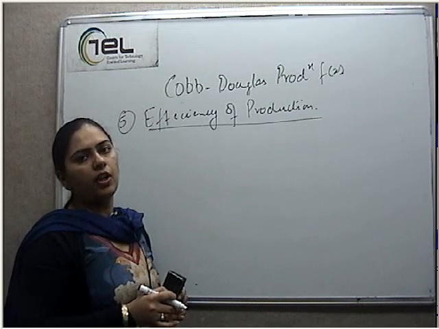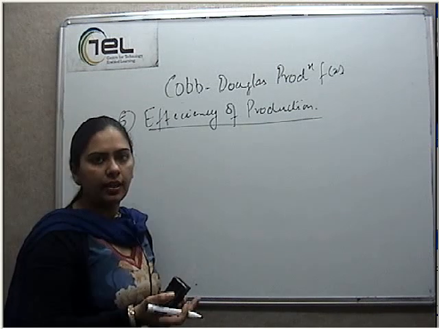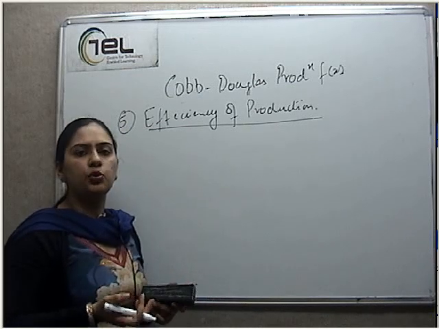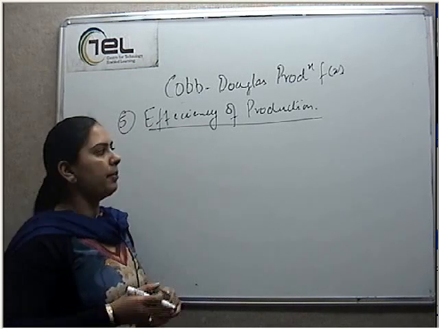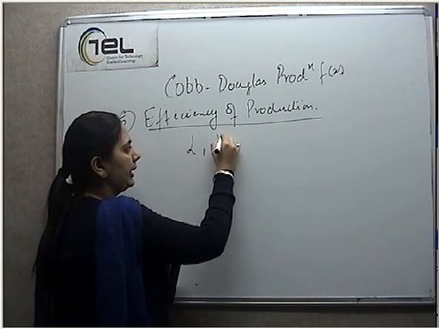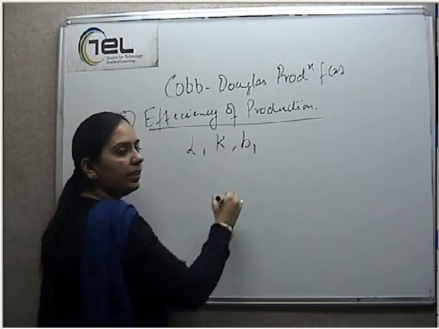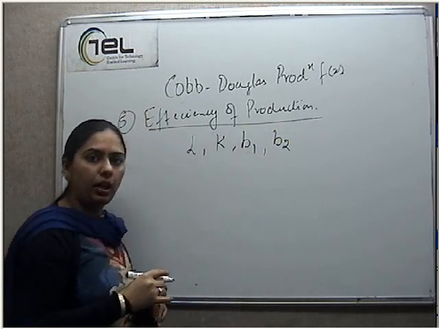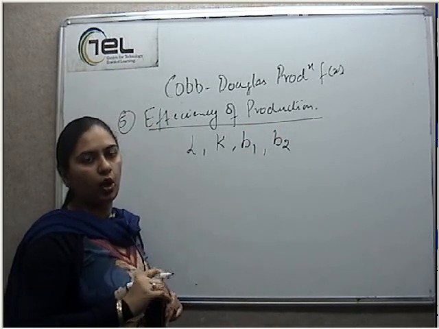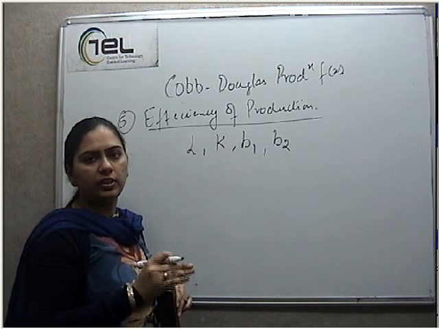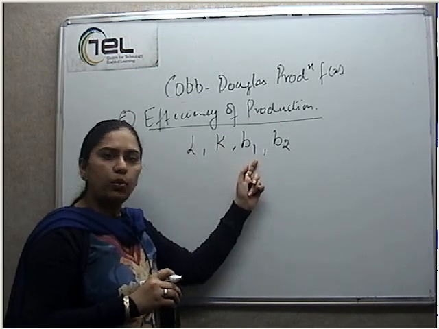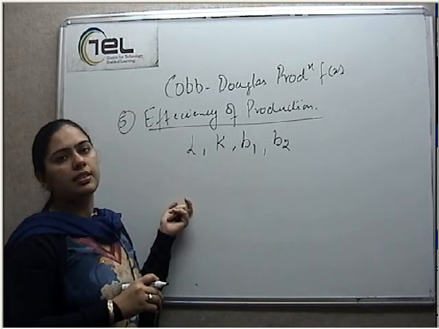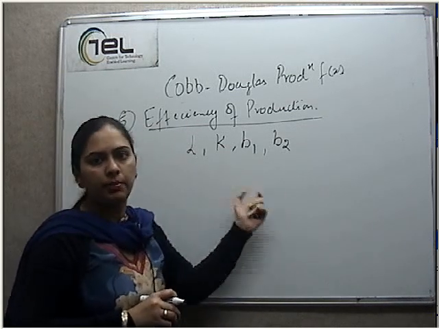Still, the level of production of firm A may be better than that of firm B. That kind of situation can always arise, where my labor, capital, B1 that is the coefficient of labor, and B2 that is the coefficient of capital are all the same. My raw material, my variables or factors of production, everything is the same in both firm A and firm B. Still, firm A is giving me better production than firm B.